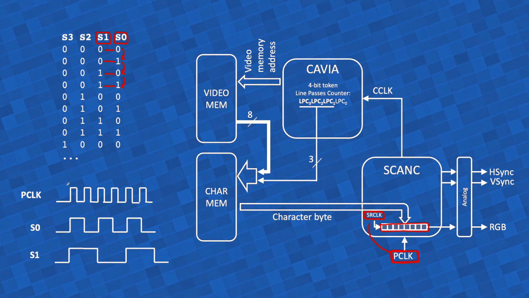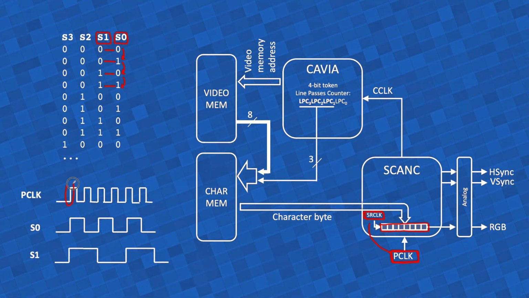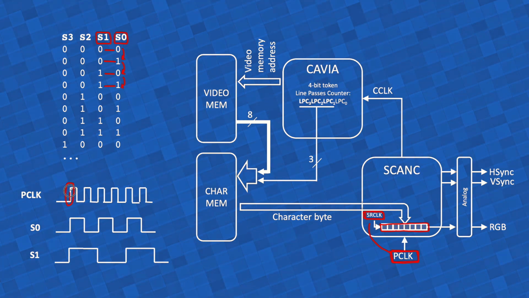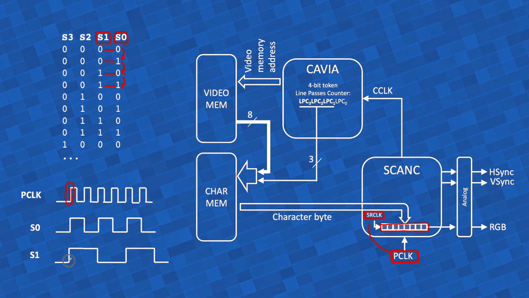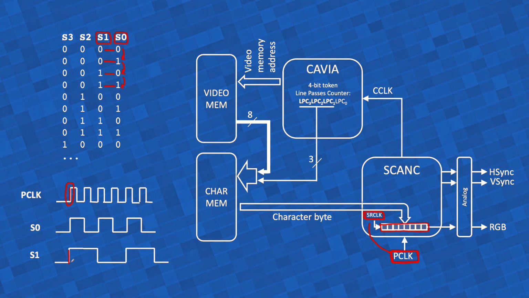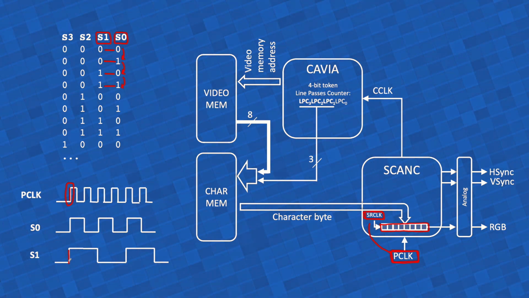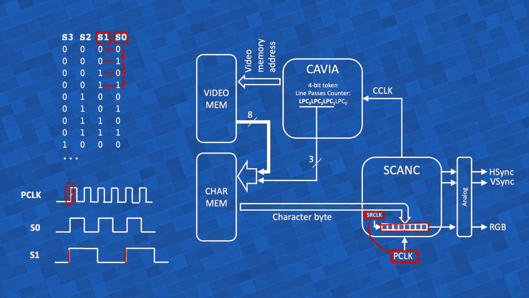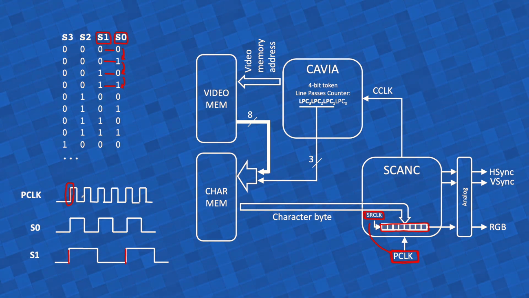Now, remember, only the rising edge counts. So if I take this rising edge here of the pixel clock, at the same time there is indeed a rising edge in S1. When will we have the next rising edge of S1? Here. That's the next one. How many pixel clock ticks will we have had until that point?